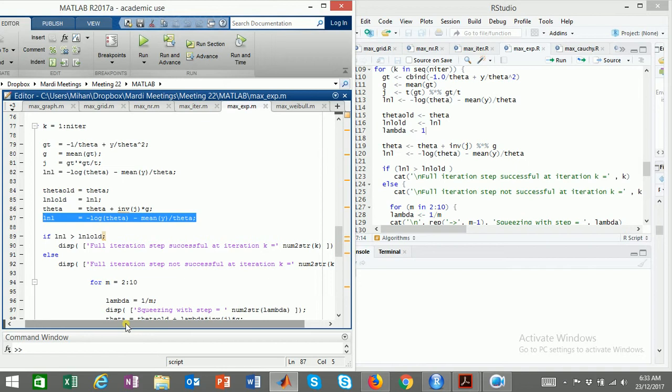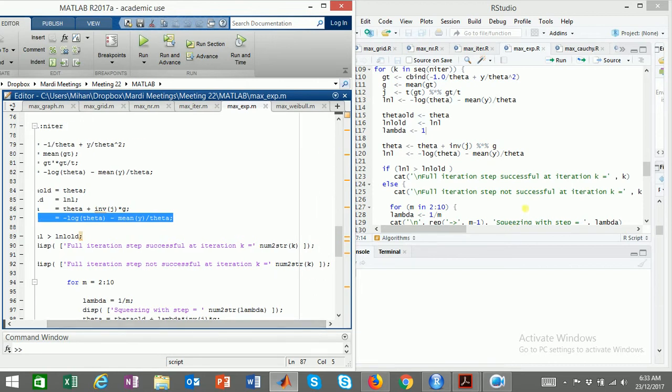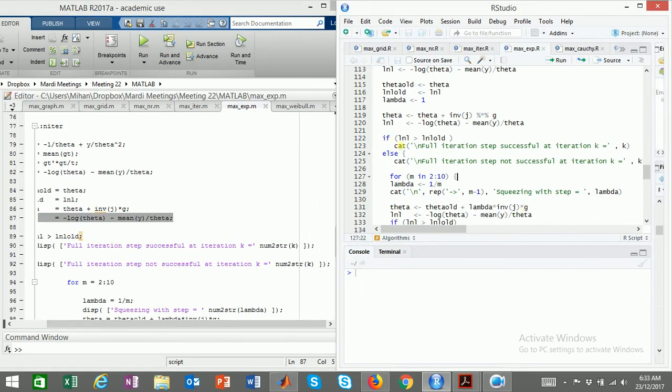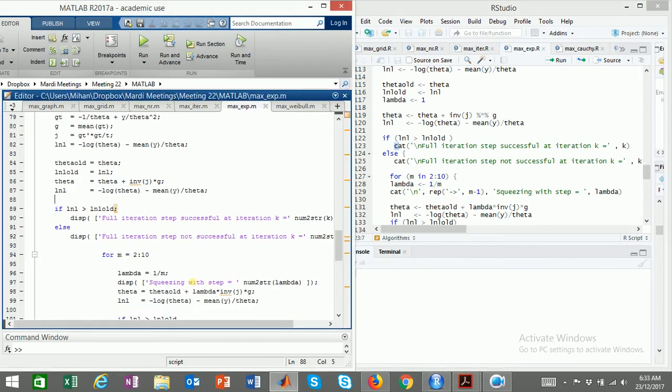The log likelihood function values should be higher, not smaller. So if that happens, display full iteration step successful. Fine, that's good. Instead of display, we're just concatenating and displaying, using that function. But else, what we will do is full stop, iteration step not successful.